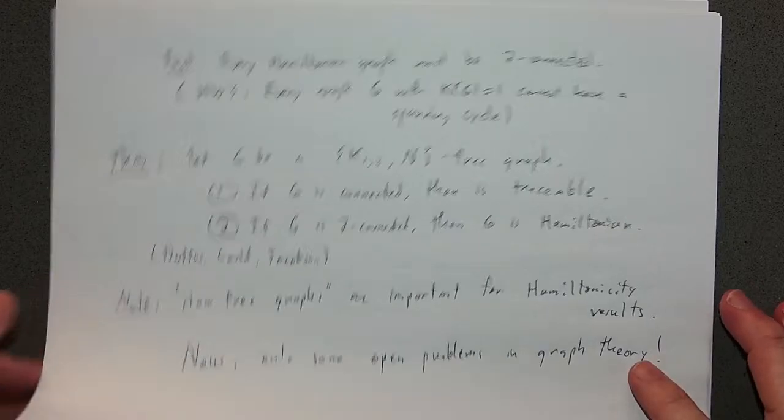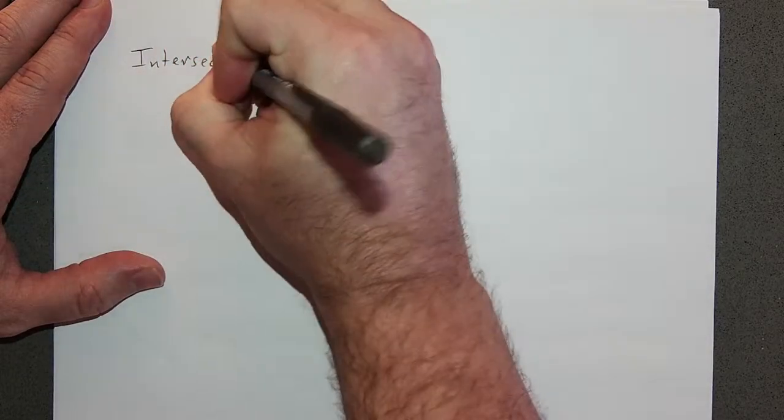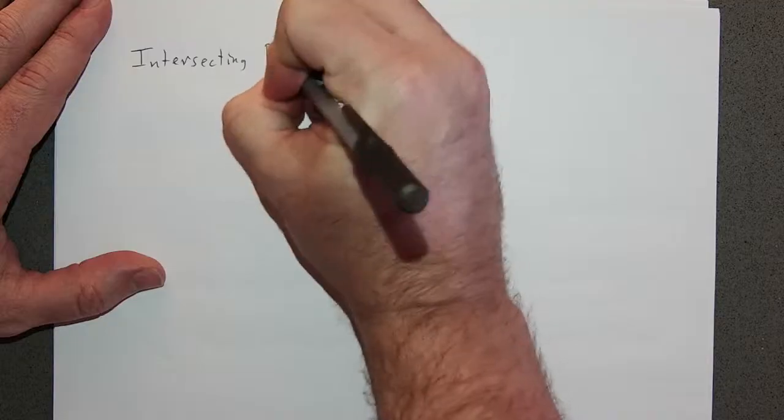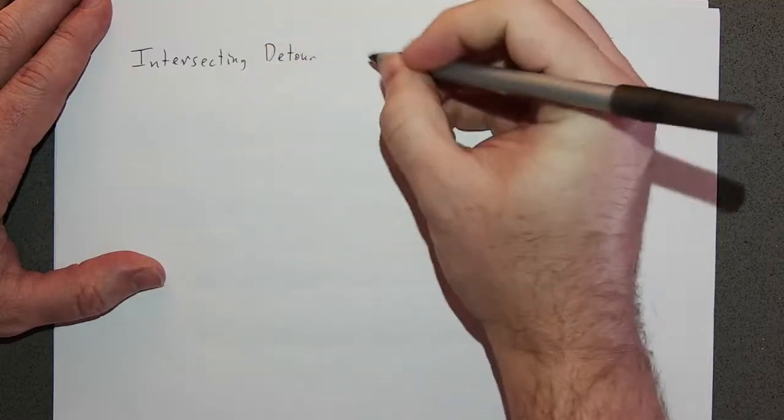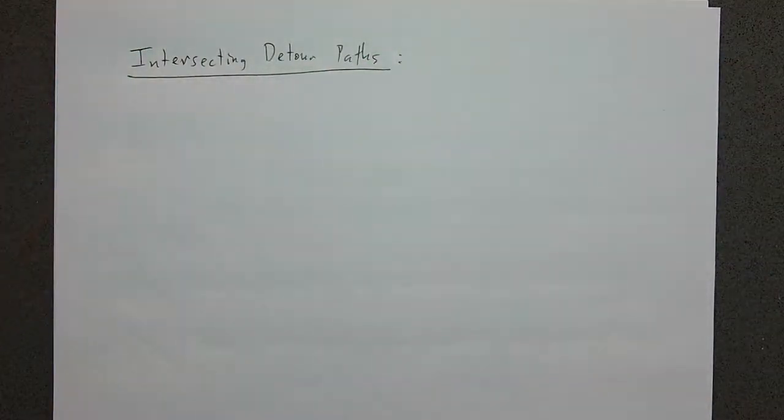So the first type of open problem I talk about is going to concern something called detour paths and their intersections. I used the word detour informally in prior lectures where we were talking about stitching in Herholtz's algorithm or stitching in a cycle.